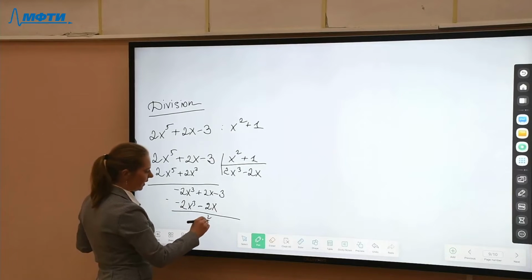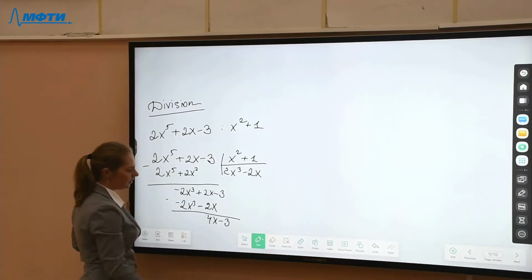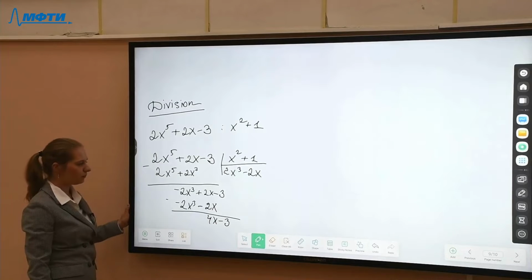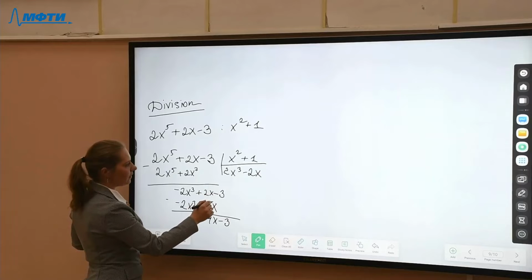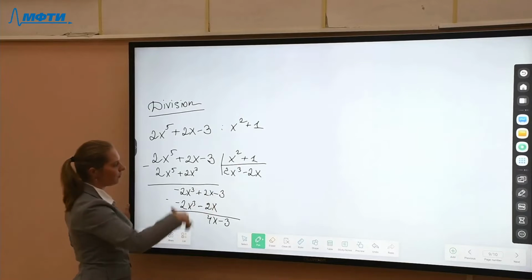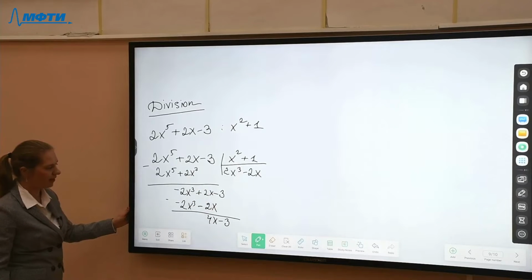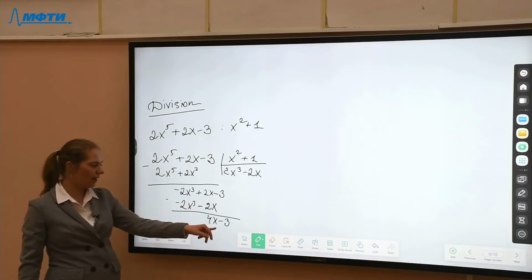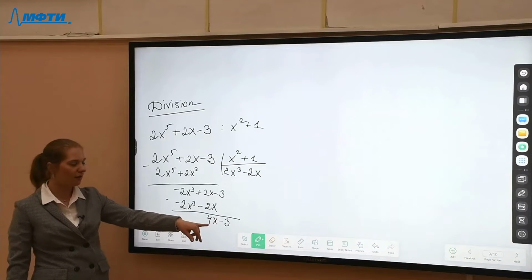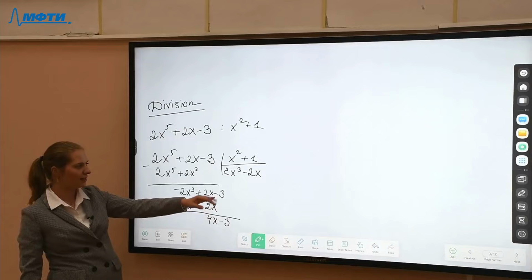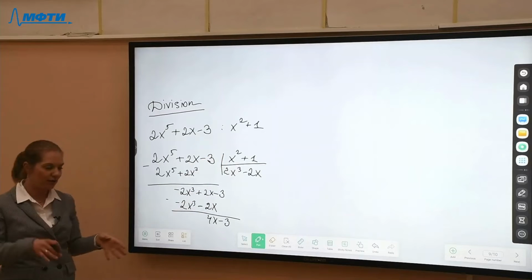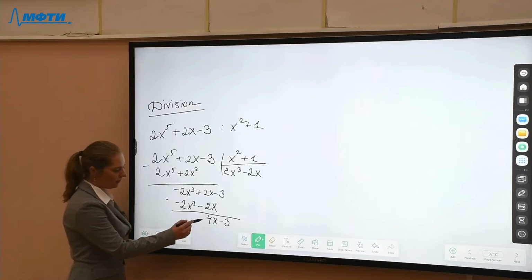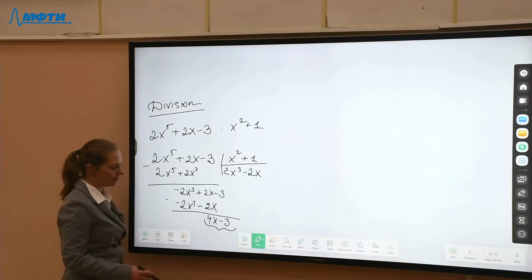This is 4x, and again minus 3. And now we have a polynomial, and the degree of this polynomial is less than the degree of the divisor. It means that here we need to stop, and this thing is the so-called remainder.